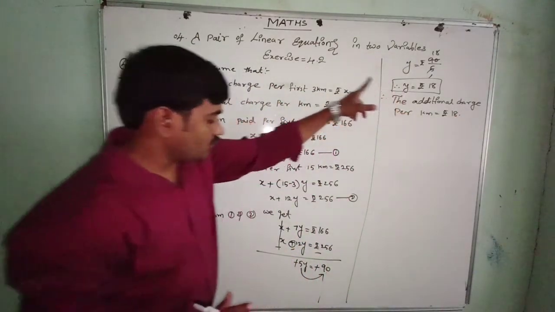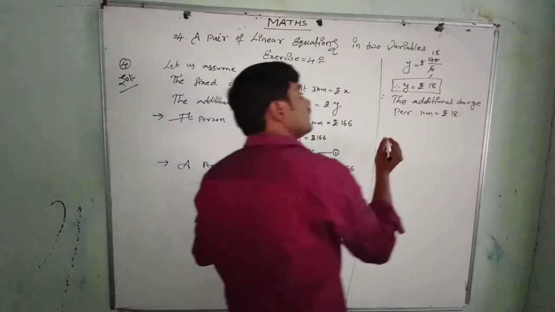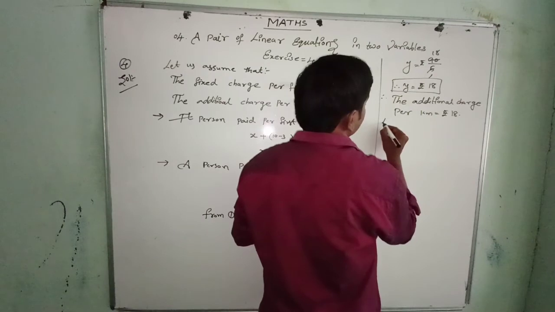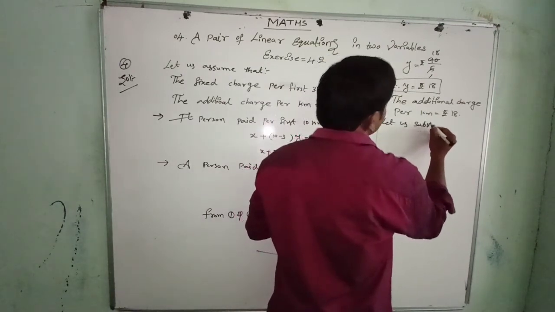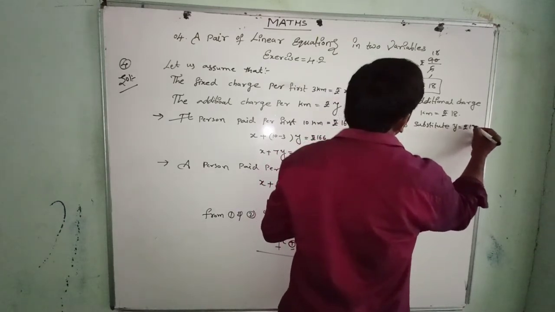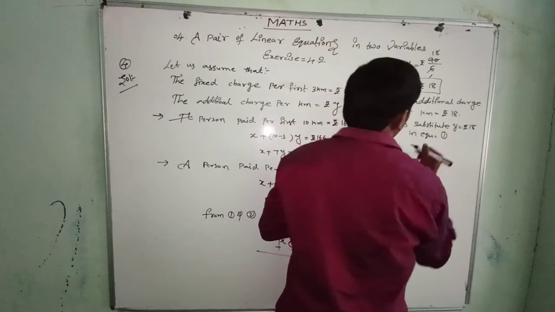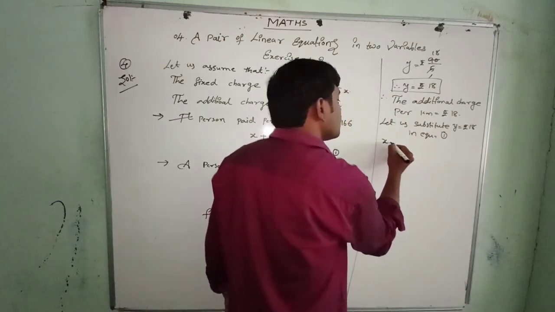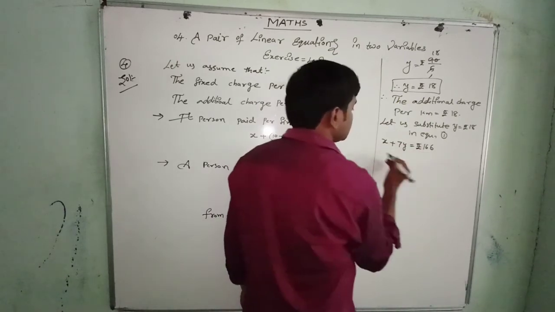Now this y value, if you substitute in equation number 1 or 2, we get the x value. So let us substitute y equal to rupees 18 in equation number 1. What is equation number 1 here? x plus 7y equal to rupees 166.